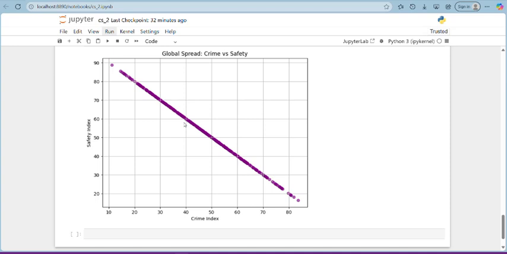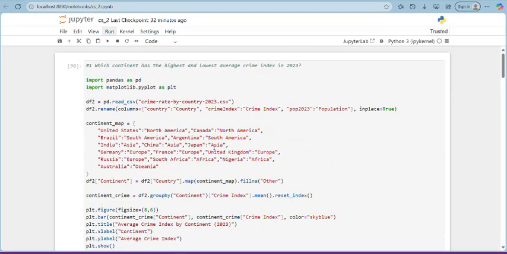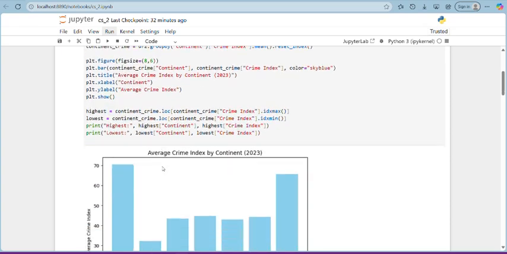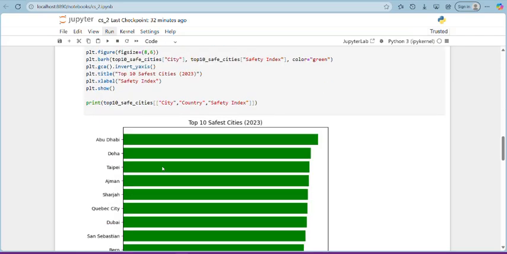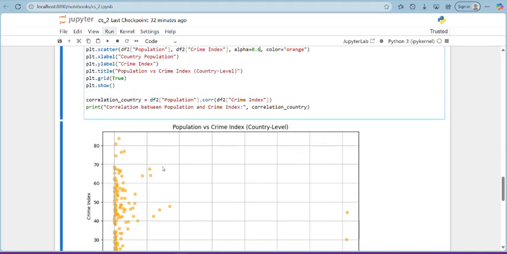To summarize the five analyses, this helped me explore crime and safety from multiple angles: which countries are most and least prone to crime, how crime varies across continents, the safest cities, the relation between population and crime, and a global comparison of crime versus safety.